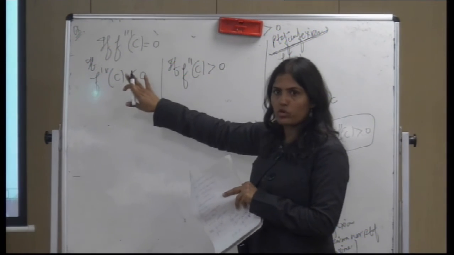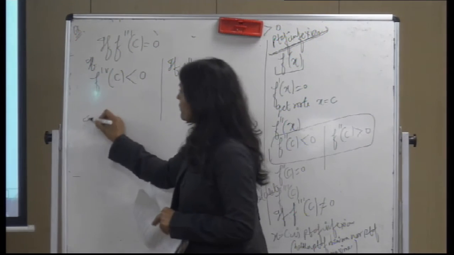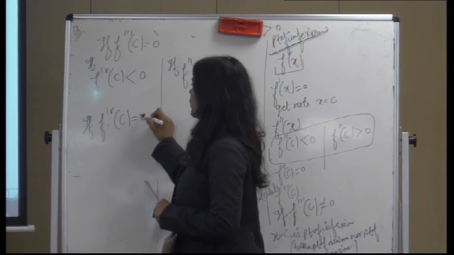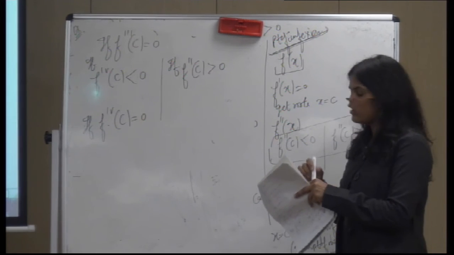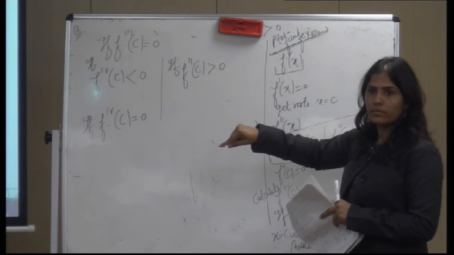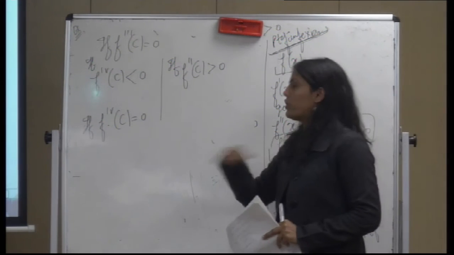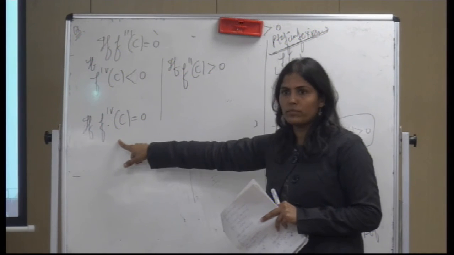Okay, understood? Now again assume, suppose this is 0, what will you do now? You will calculate the fifth one. Sometimes it happens, not in all the questions, but sometimes. The fourth derivative is 0. What will you do now?